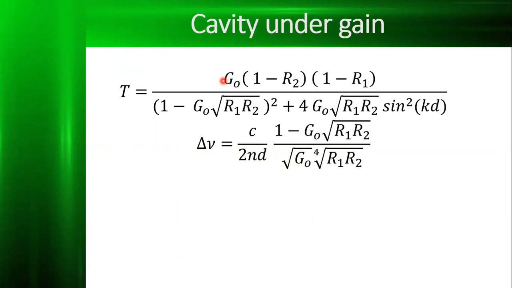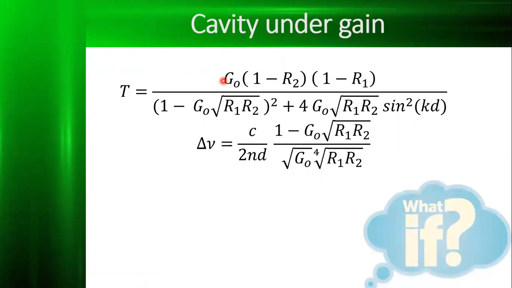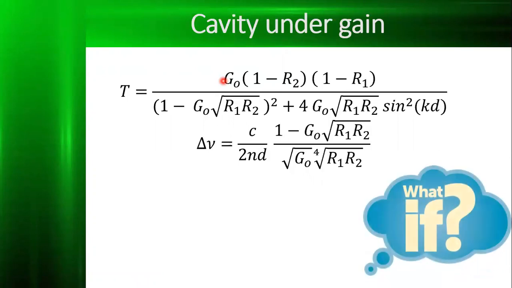Okay, so the last question in this lecture is as follows. What if you put the gain equal to 1 over root R1 R2? So what will happen? Let's see.